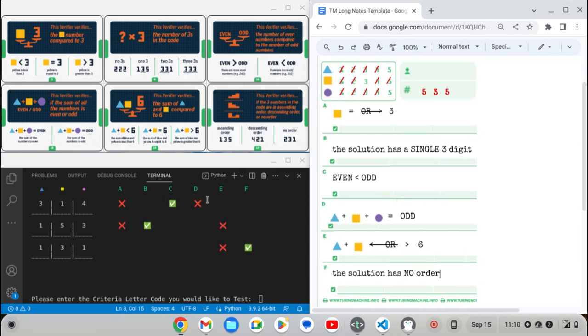So we did A, C, D in the first round, and the middle was correct. Then we did A, B, E, and again, the middle was correct. And then we did E, F as our last two tests. So let's see, ACD and ABE.